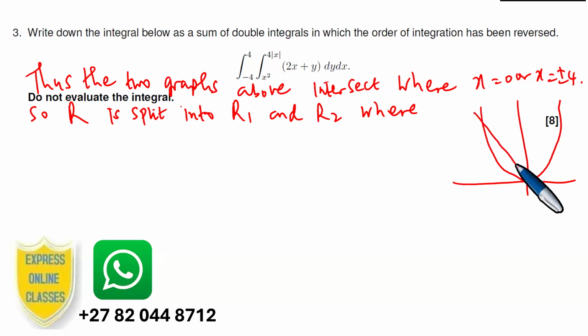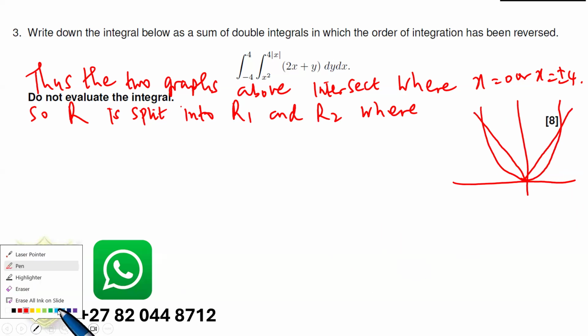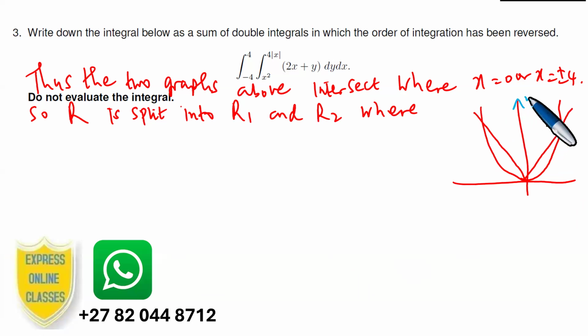So you have the y-axis and the x-axis. The points of intersection are -4, 16 and 4, 16. And then this is the origin.